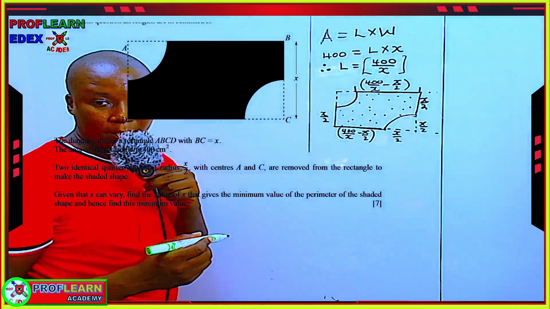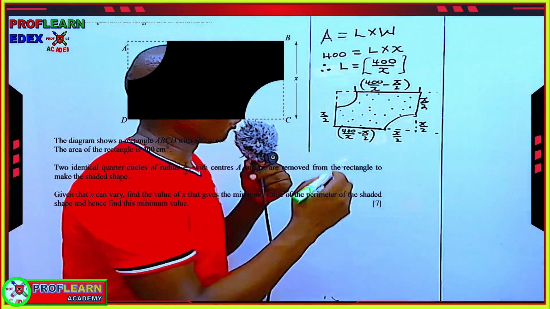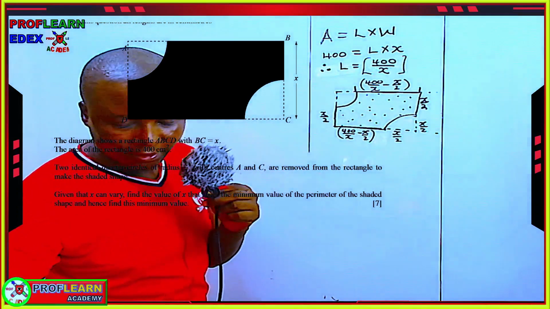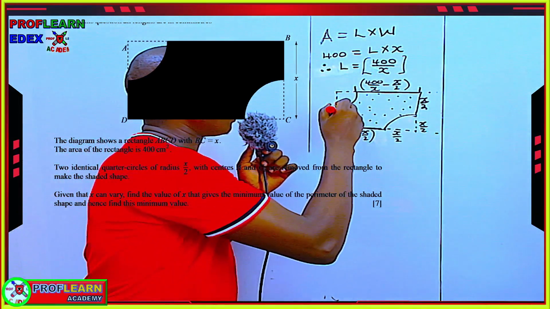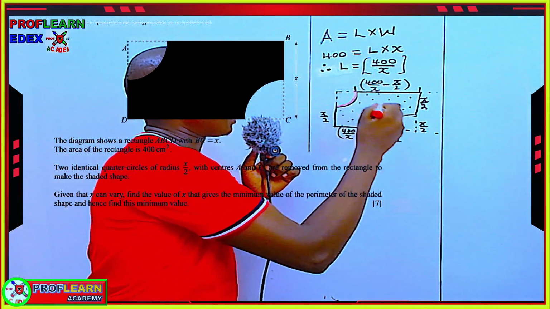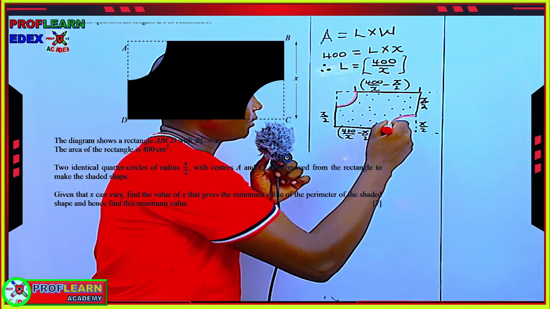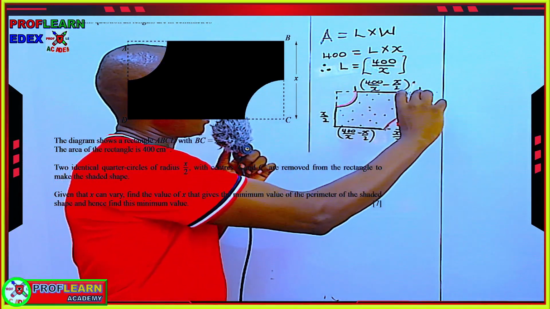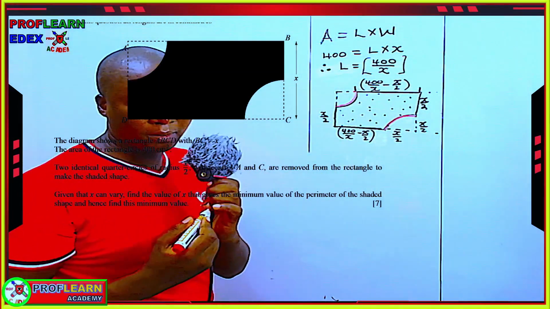So for us to find the perimeter, we need to find this distance here and also this distance here. Then we add this distance, this and this, for us to find the perimeter.